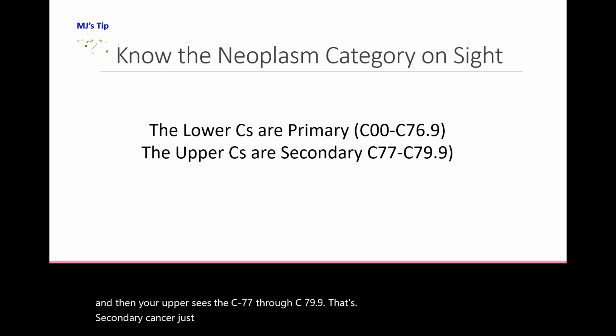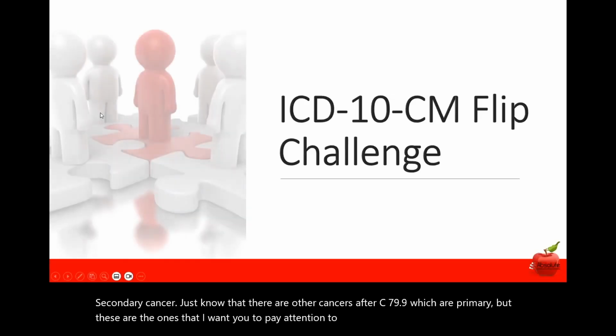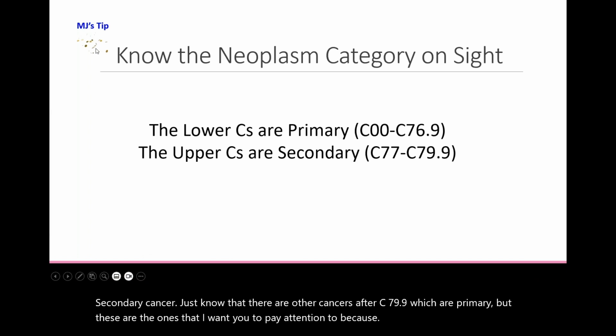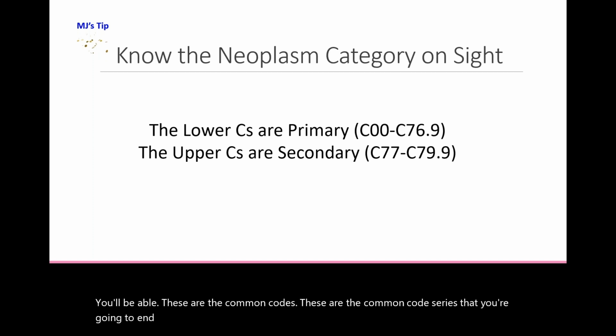Just know that. There are other cancers after C79.9, which are primary, but these are the ones I want you to pay attention to because these are the common code series that you're going to encounter when you take this exam.